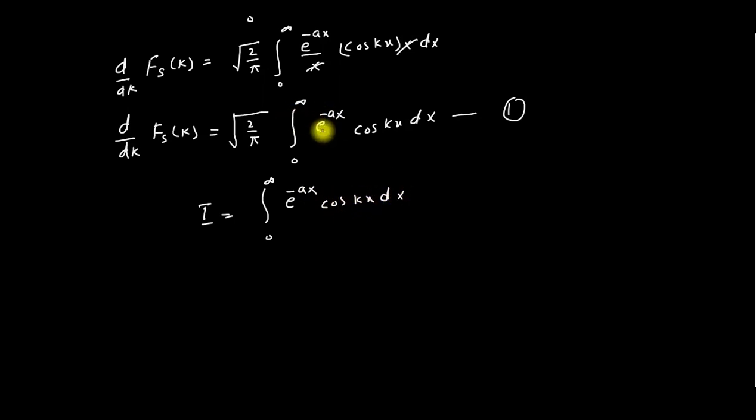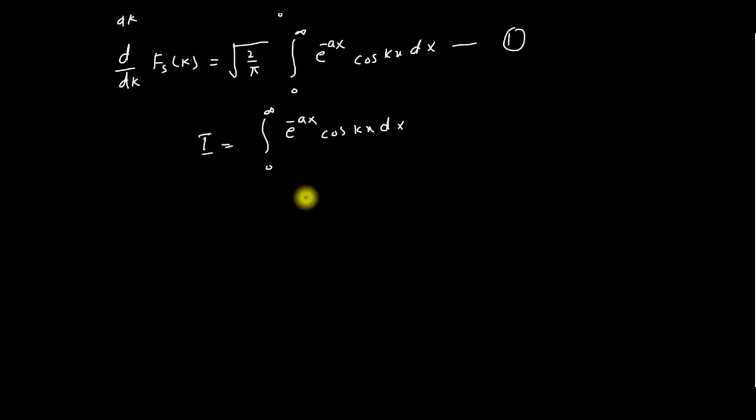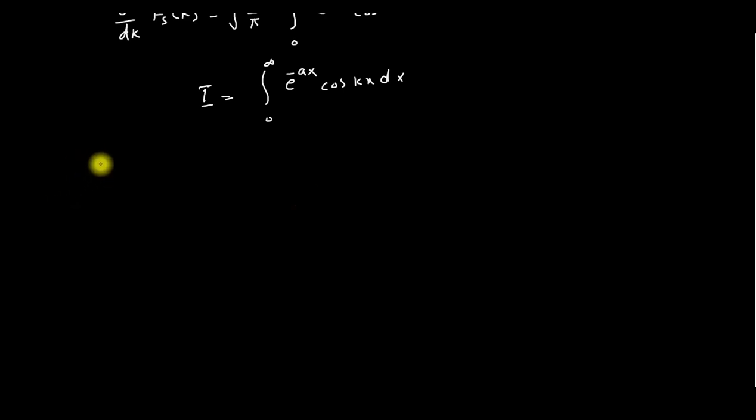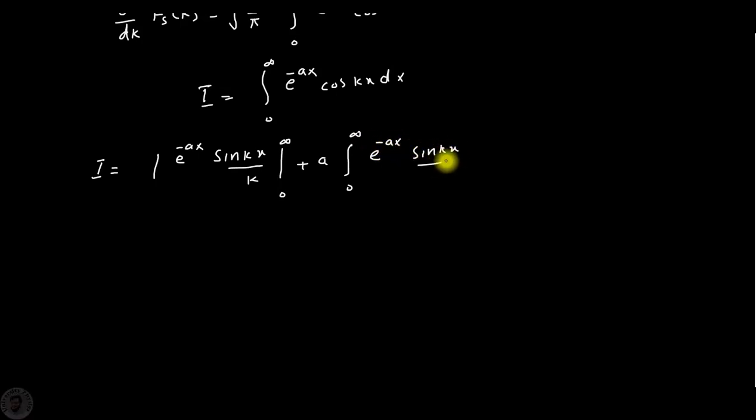This integration I consider equal to I. Now I have to integrate this, and after integration we will get I is equal to e to the power minus ax into sin kx divided by k, with limits from 0 to infinity, plus a integration from 0 to infinity e to the power minus ax sin kx divided by k dx.